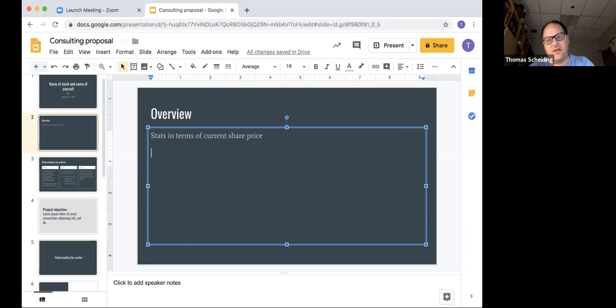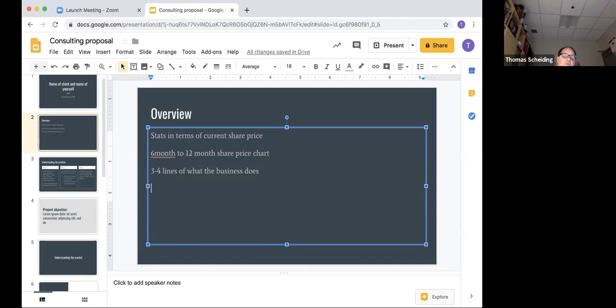You would give a 6-month to 12-month share price chart. I don't know, 3 to 4 lines of what the business does. So very short kind of overview.